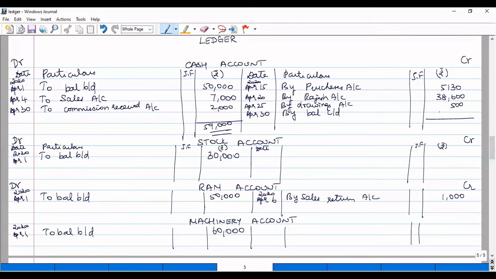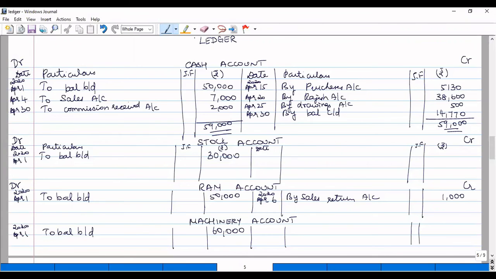And the difference amount is 14,770, and now it becomes balanced, and this amount will be the balance brought down for the next month. So on May 1st, 2020, the balance brought down will be 14,770 for the cash account.